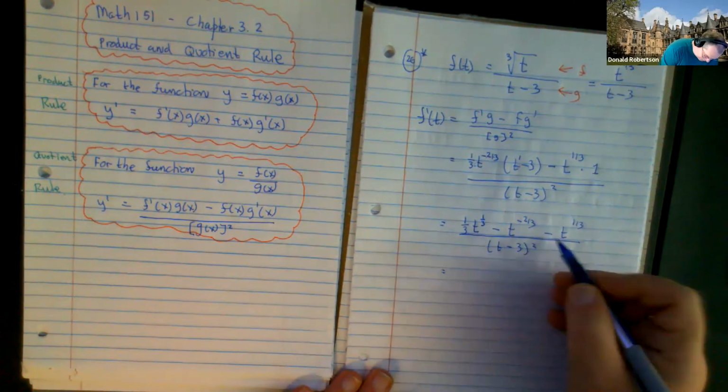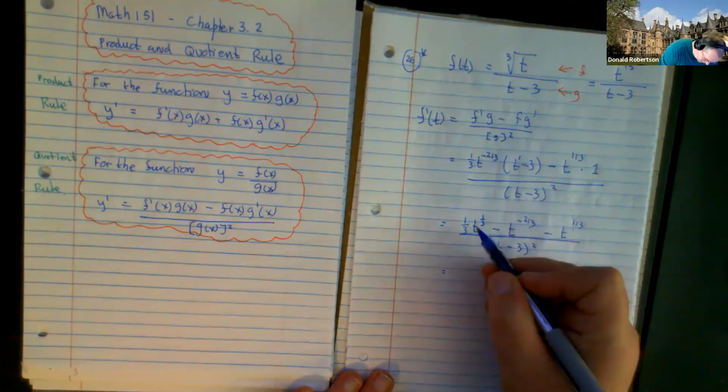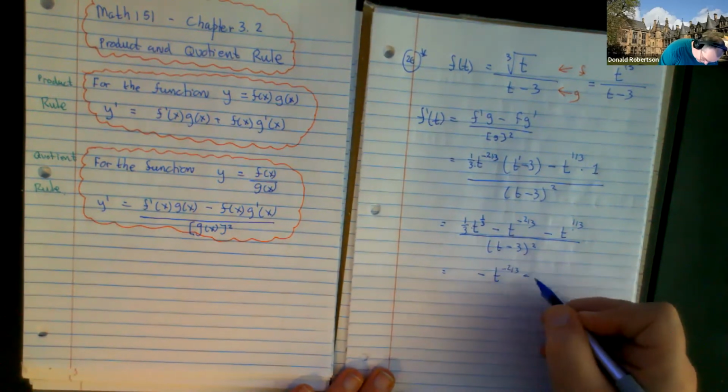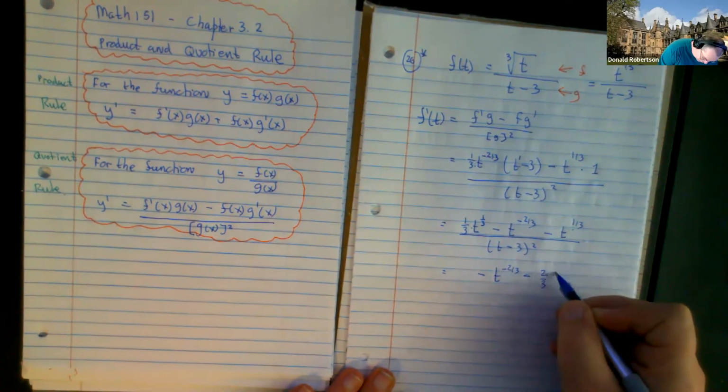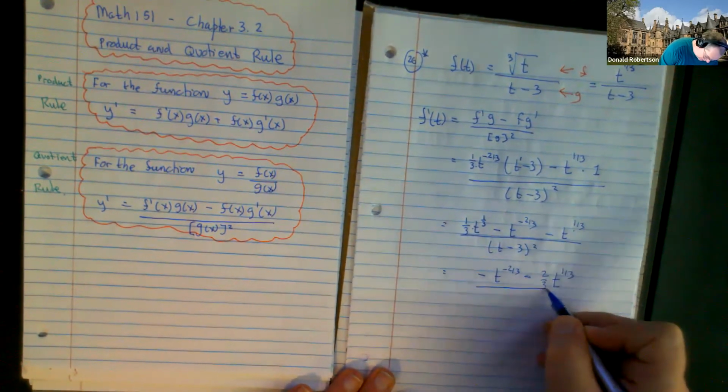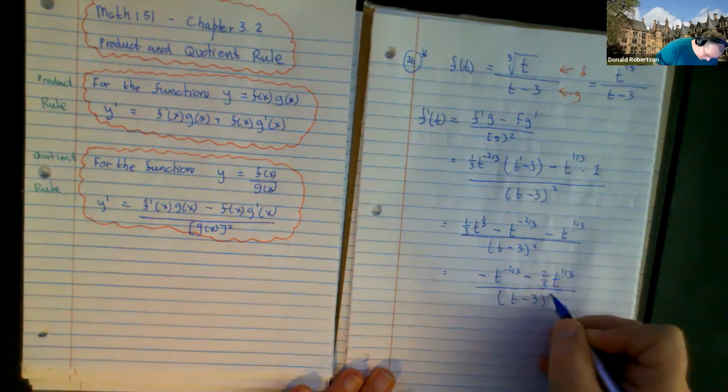This guy and this guy kind of combine. You've got a 1/3 take away 1, so you get -2/3. And you're now looking at that.